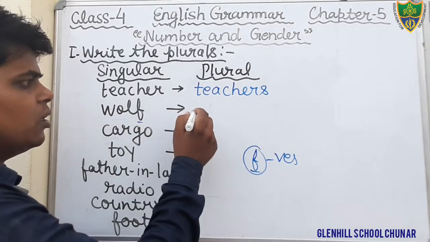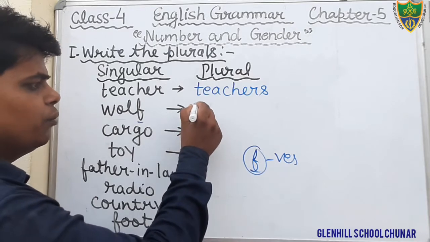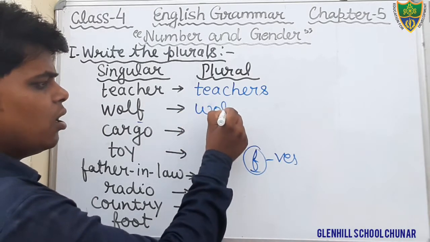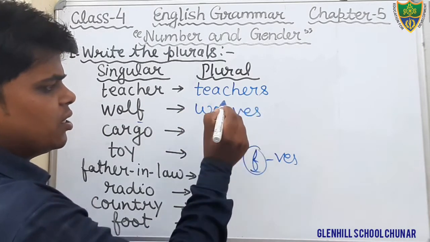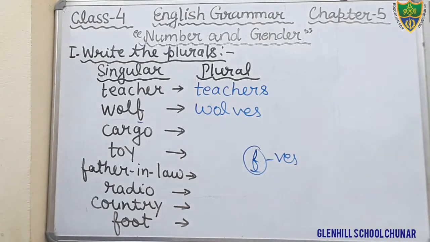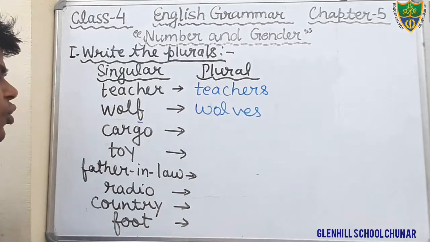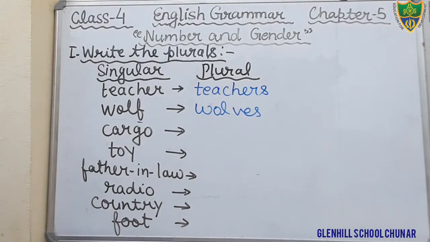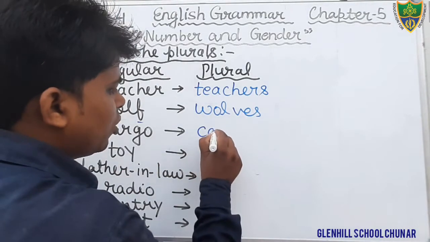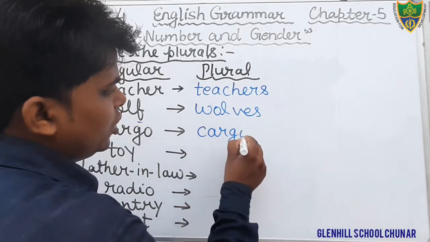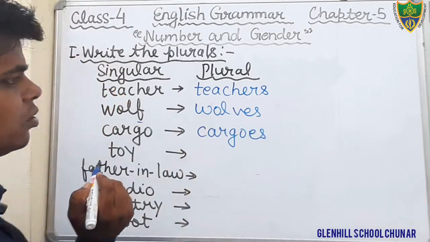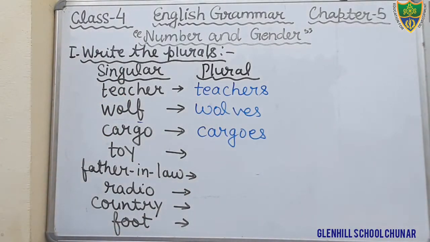So what would be the plural of that? Wolves. That is the plural. So write it. Next question, cargo is given here. Cargoes. You will write here cargoes. Okay, so write it.